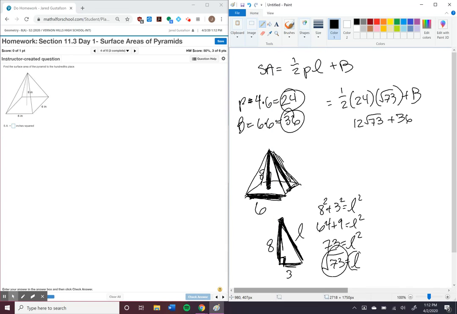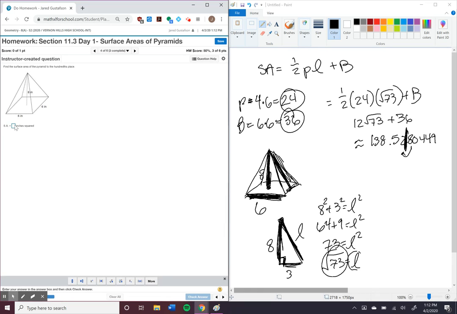If I type that into my calculator, I'm getting just about 138.5280449. It wants it to the 100th place, which is right there, but we have to round that up, and I am getting 138.53.